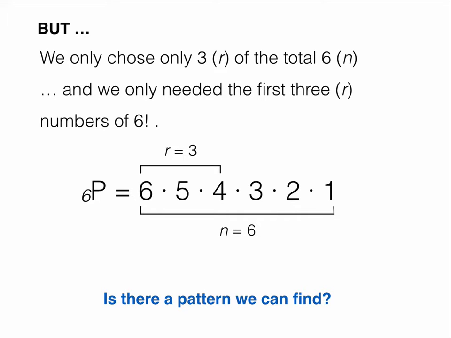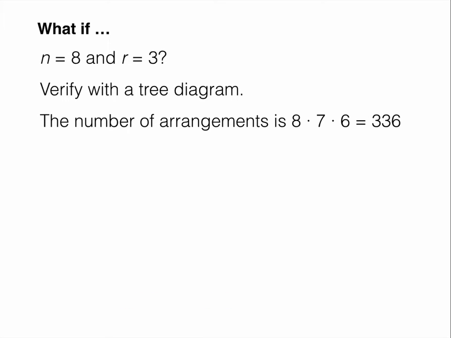Well, let's have a look if n equals 8 and r equals 3. So we're going to choose just 3 objects and find how many different permutations of those objects we can have if you're selecting them from 8 objects. Verify with the tree diagram if you've got a big enough piece of paper. But here's the answer. It's 8 times 7 times 6 equals 336.